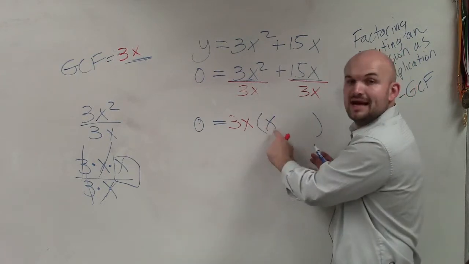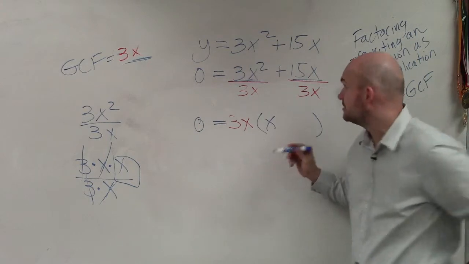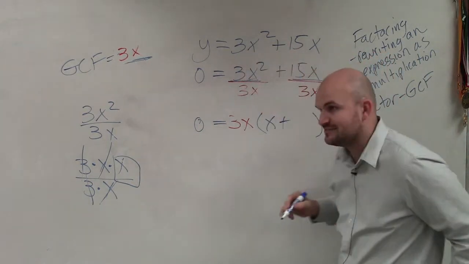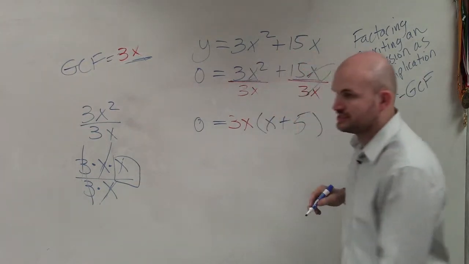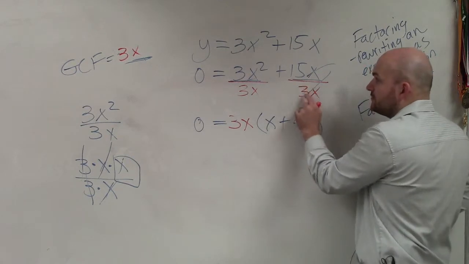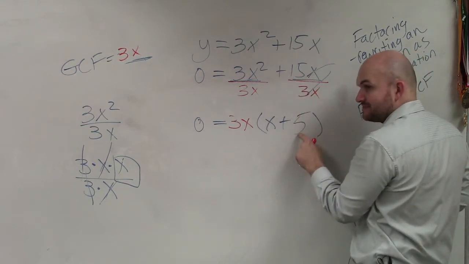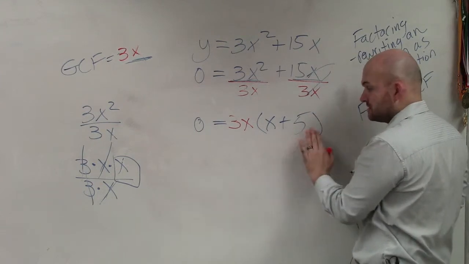I'm going to explain why this works. But you take your answer. 3x squared divided by 3x equals x. Plus, what is 15x divided by 3x? 5. Just 5, because the x's are going to divide to 1. 15x divided by 3x. 15 divides by 3 5 times. x divides into itself, so it's just left with 1. That's where I get 5.